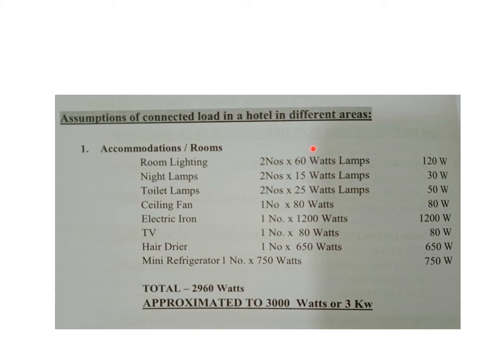These need not be 60 watts, because the modern LED lamps might be lesser than that, even 10-watt lamps, because at the end of it the whole thing has to do with luminosity, which is lumens, L-U-M-E-N. So modern LED bulbs of 10 or 15 watts give the equivalent of 60 watts of what the early lamps used to give.